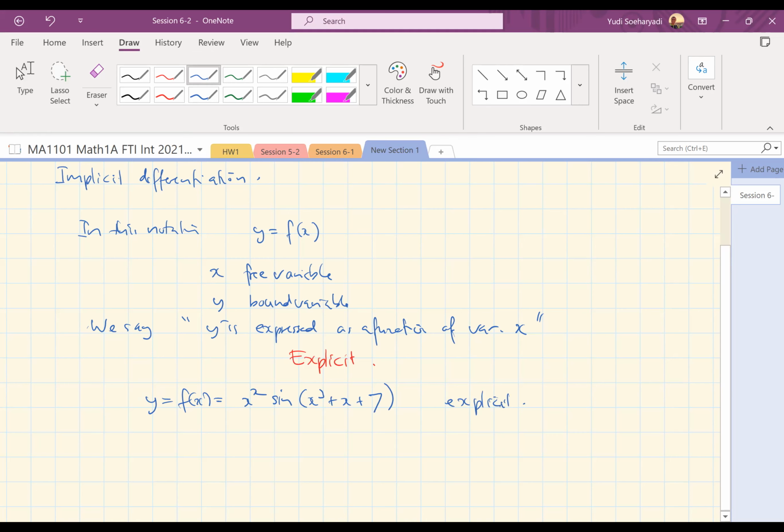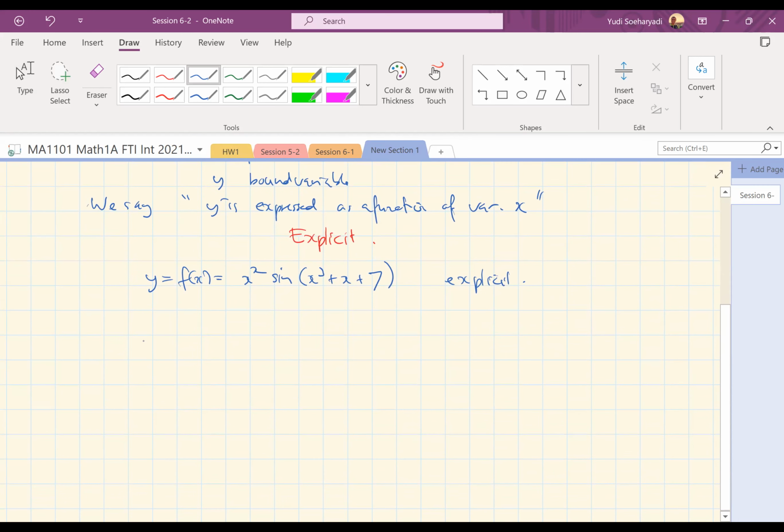Now, if I refer to something explicit, then there must be something opposite of explicit, which is implicit. So what is implicit?